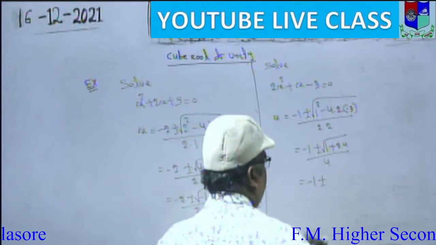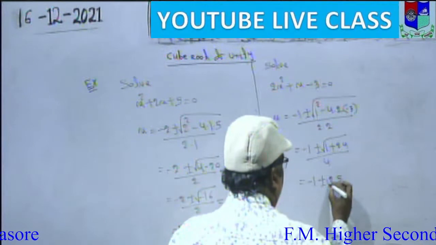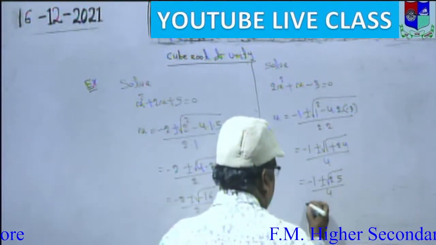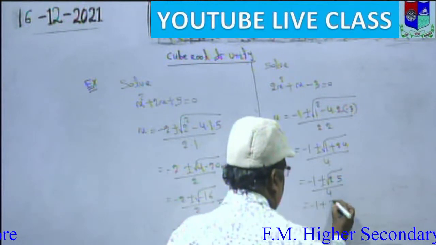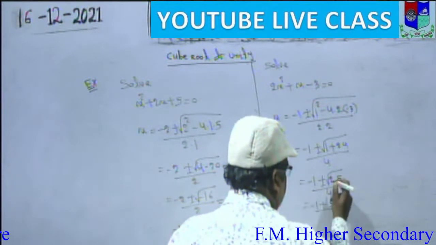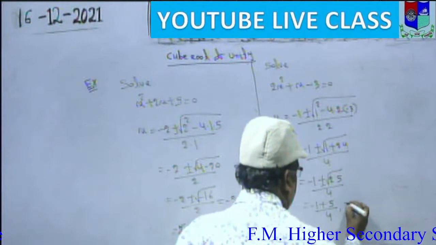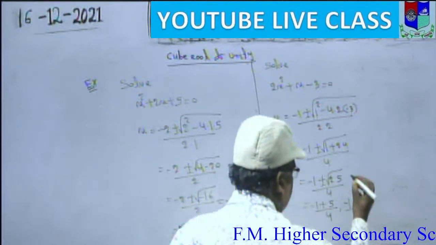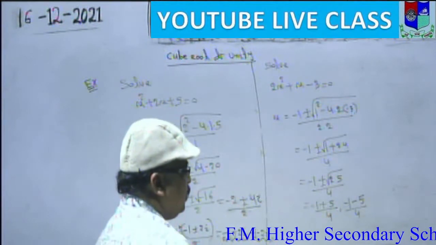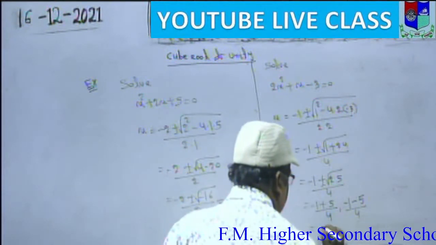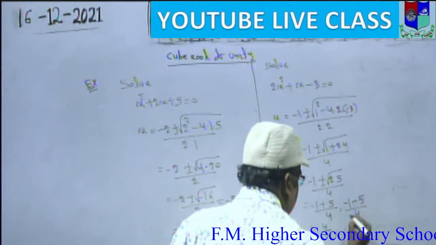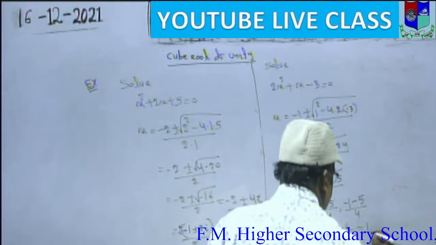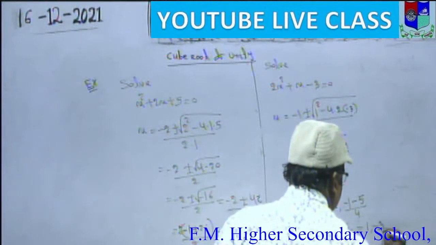Minus 1 plus or minus root 25 divided by 4. That is minus 1 plus 5 by 4, and other is minus 1 minus 5 by 4. So now it is 4 by 4, that is 1, and minus 6 by 4, that is minus 3 by 2.